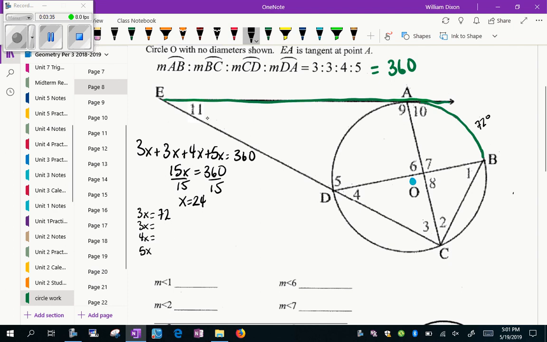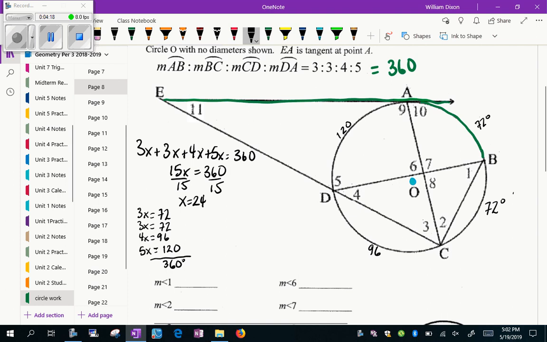BC, the next one, is 3x, and 3 times 24 is 72 degrees. DC is 4x, so 4 times 24 is 96. And then AD, our last one, is 5x. I know x equals 24, so 5 times 24 is 120. The reason I did this is because my check is that if I add all those together, they should equal 360 degrees.